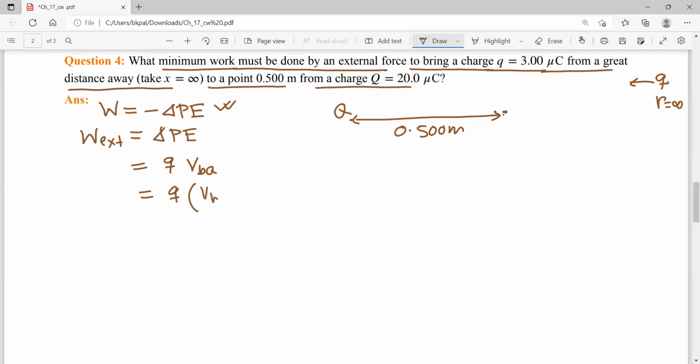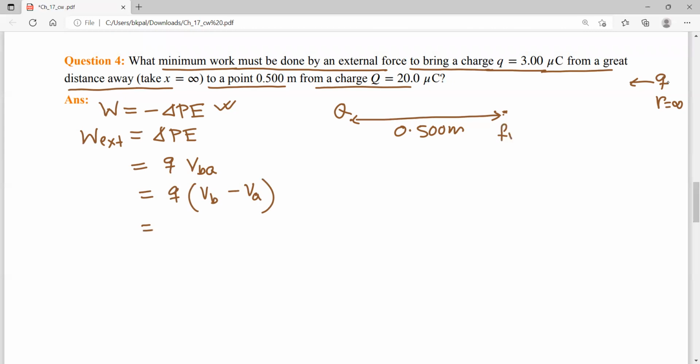VBA is VB minus VA, the final potential minus the initial potential. In this situation, this is the final position and this is the initial position. At both positions, there is already some potential due to the 20 microcoulomb charge.